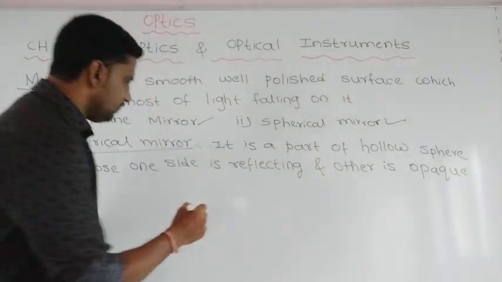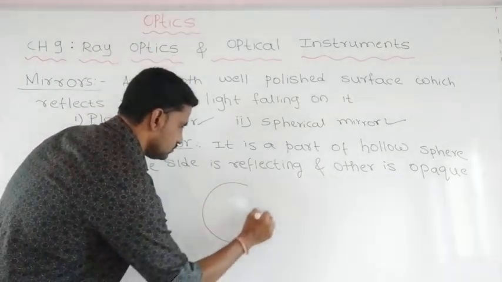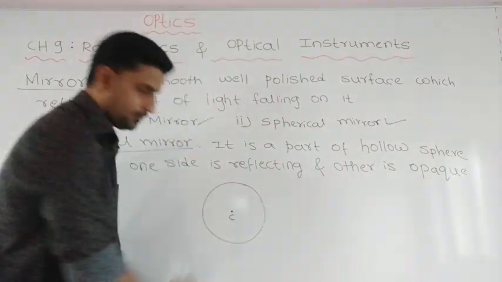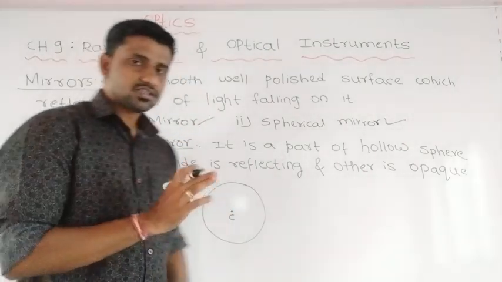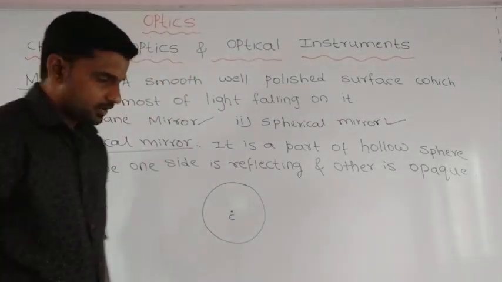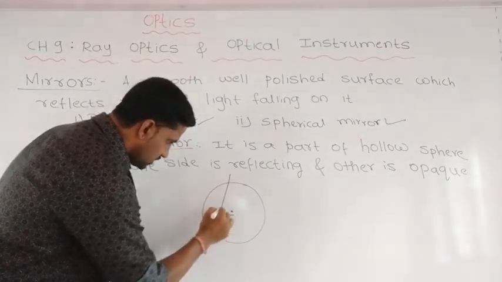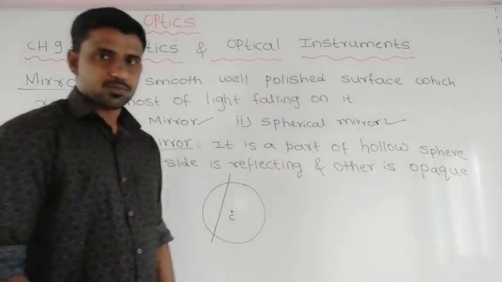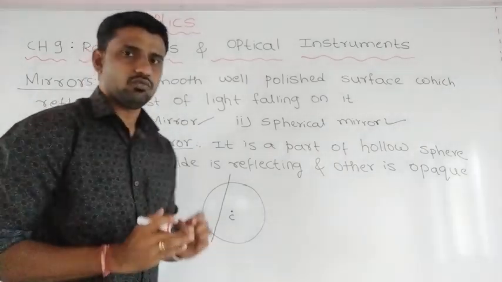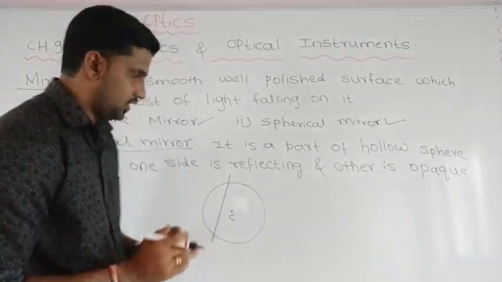That means if I consider one sphere, assume that this is one sphere and the sphere has one center. The spherical mirror is the part of this hollow sphere. If I consider this one part of the sphere, then this part is considered one type of spherical mirror.